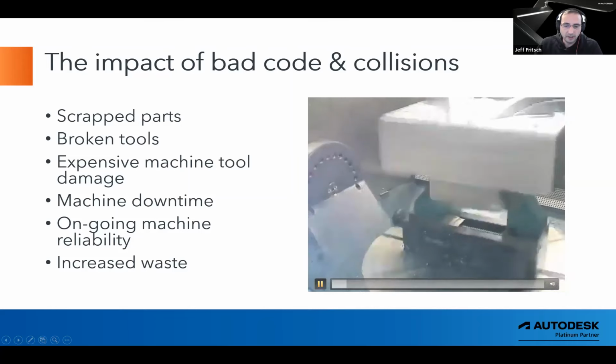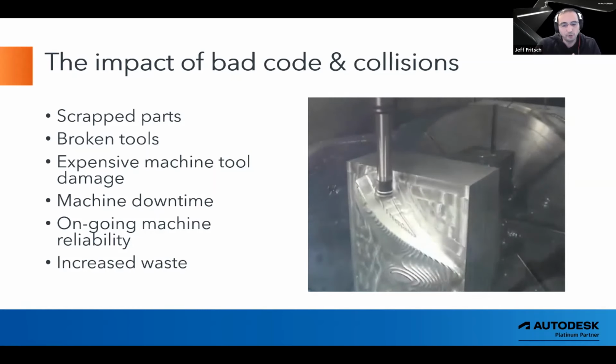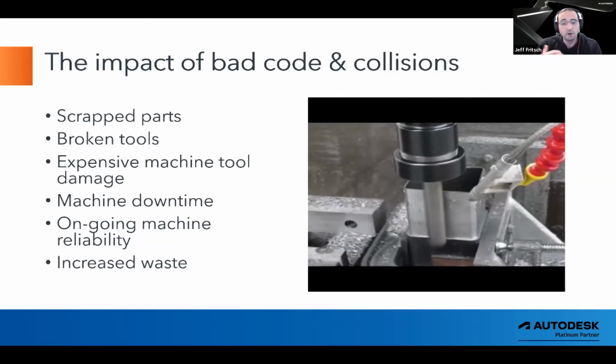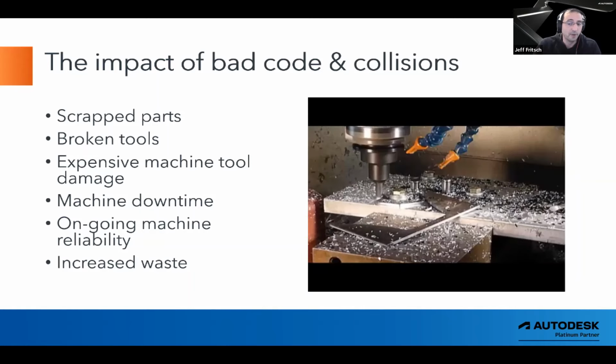So there's definitely a number of situations where not having the proper code, or not having the certainty that the machine will react the way we expect it to the codes, will have a direct impact on the overall operations of the shop.